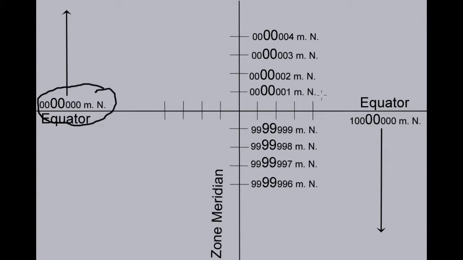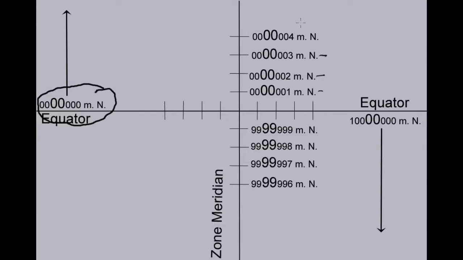So at 1 meter north of the equator, your northing is 1 meter north. 2 meters north of the equator, your northing is 2 meters north. 3 meters north of the equator, 3 meters north, and so on. And that continues all the way up to latitude 84 degrees north, which is the northern boundary of the UTM grid.